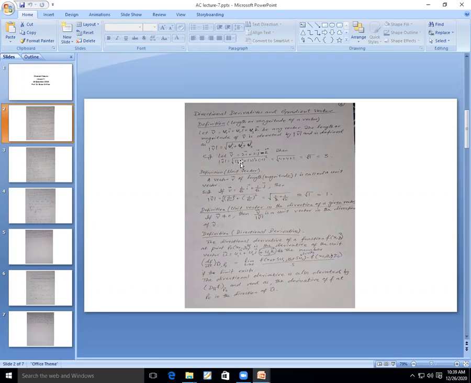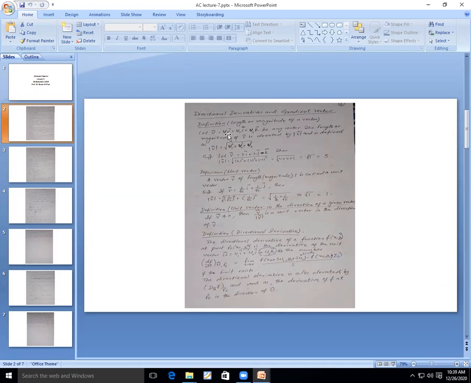First is this definition. Length or magnitude of a vector. You know that vector is a quantity which has direction and magnitude. We consider a vector V in 3 space or in 3-dimensional space.